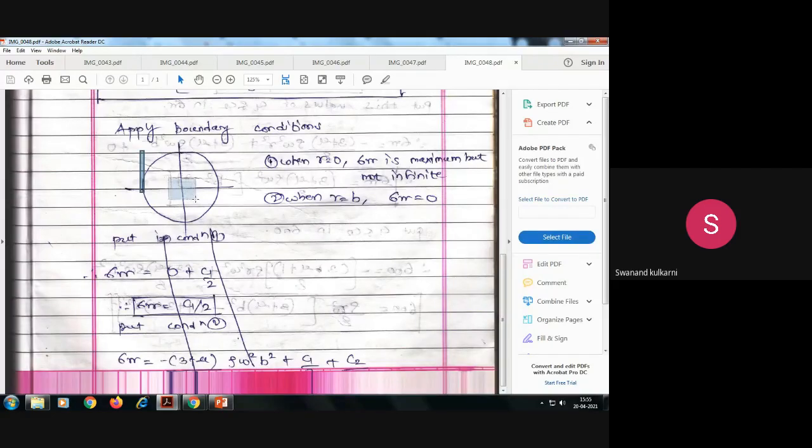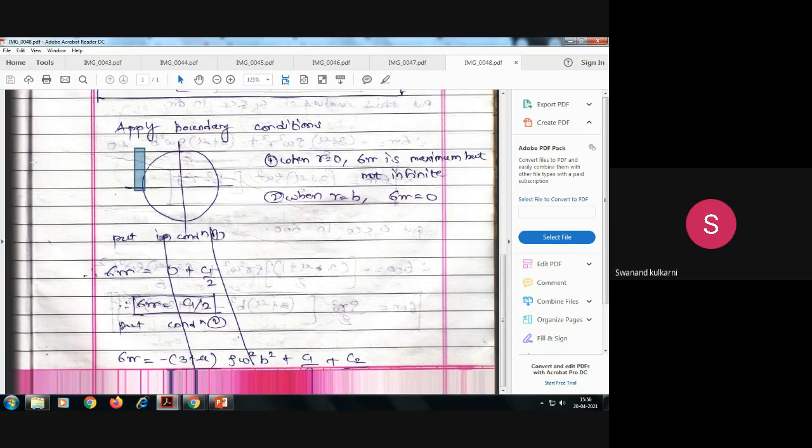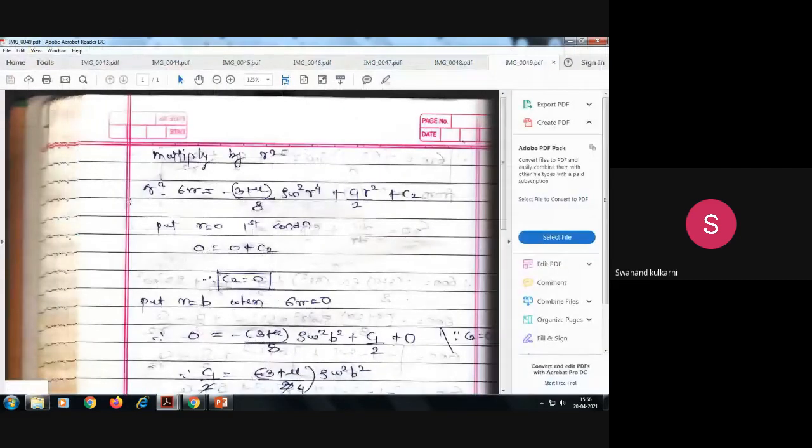Radial stress is maximum at the center and it becomes 0 at the surface or periphery. Is it okay? So that's why when r is equal to 0, sigma rr is maximum, but when r is equal to b, sigma rr equals 0. That is the boundary condition, and it is applicable for the solid disk.